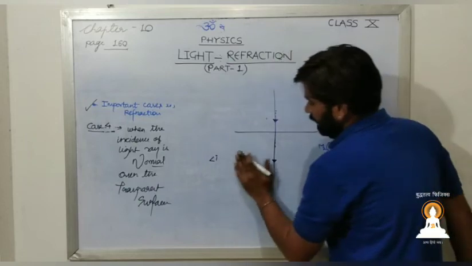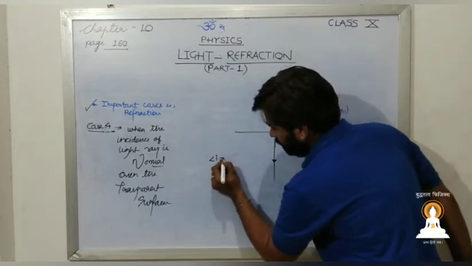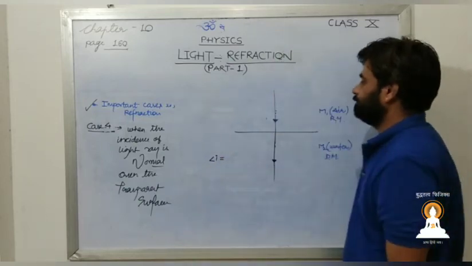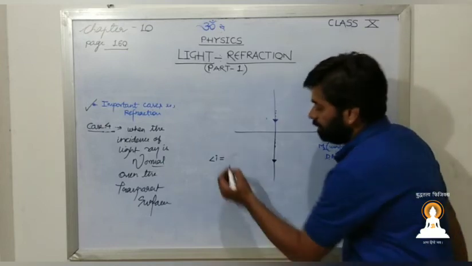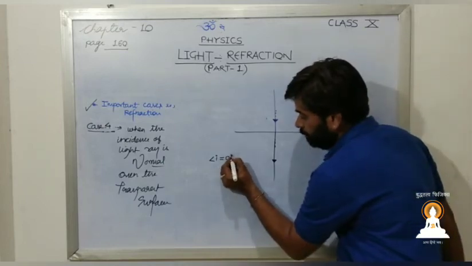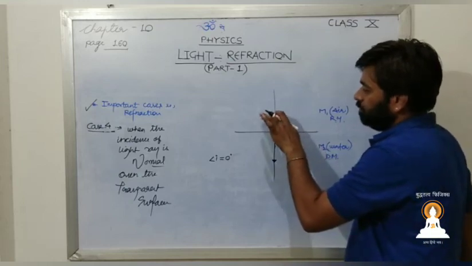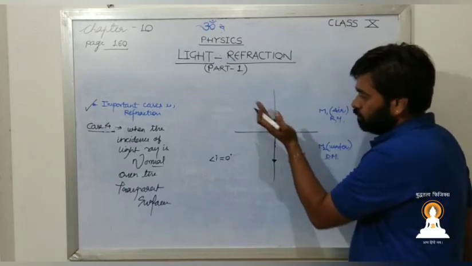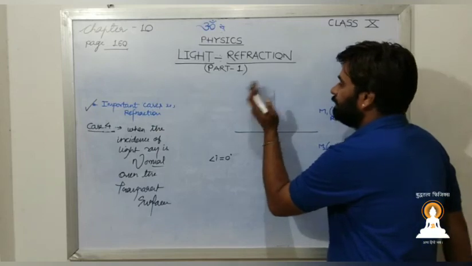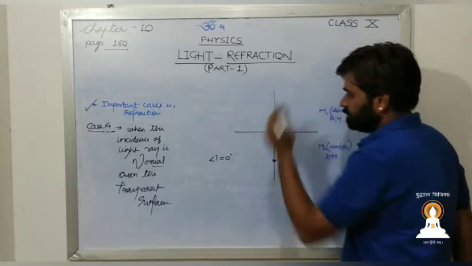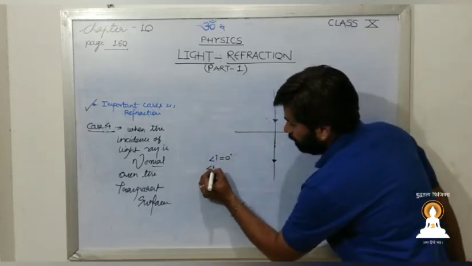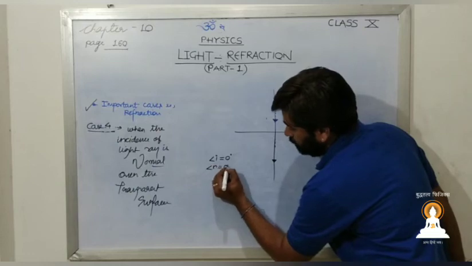In this case, will angle I be 90 degree or 0 degree? That will be 0 degree, because we measure from the normal. If it overlaps the normal, then the angle reduces to 0. So angle R will also be 0 degree.